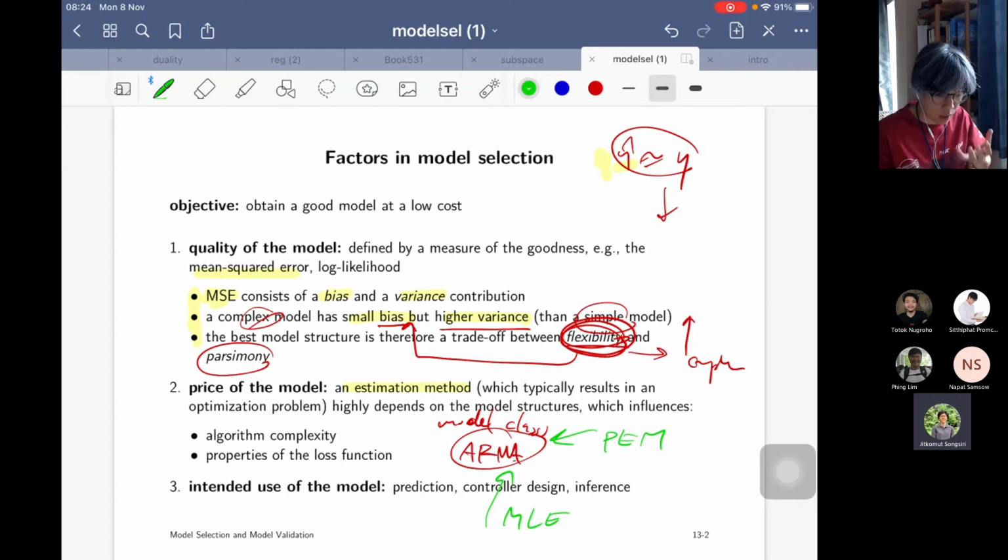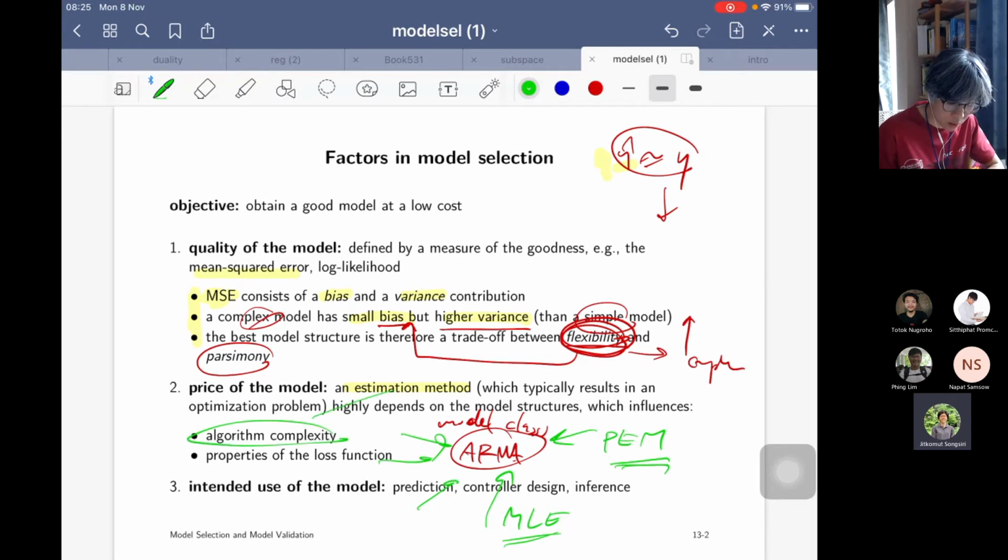So when you have applicable methods, maybe you can take a look at each estimation method and see how much effort is required by those methods, and you can compare the algorithm complexity, because this also varies according to the method. For example, PEM requires solving a nonlinear optimization, as well as MLE.